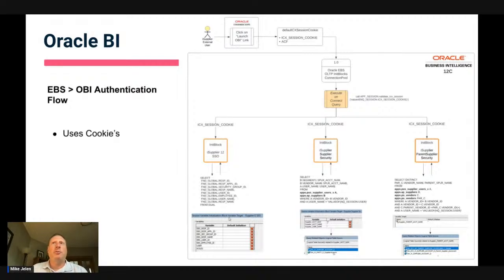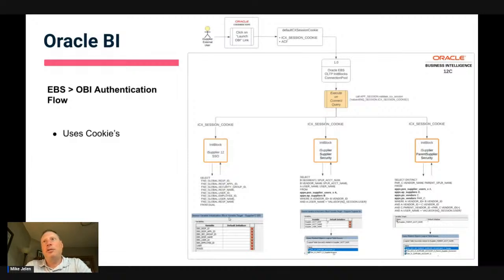When you think of from an Oracle BI construct, on Oracle BI, if you already had an EBS to OBI, because OBI and EBS are on premise, there's a lot of integration that Oracle had built in, leveraging cookies, which from a security perspective, hey, everything is on premise. We're less worried about getting hacked by a nefarious third party.